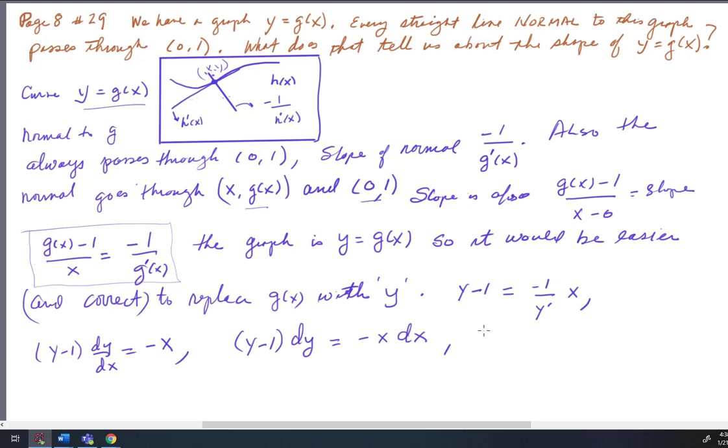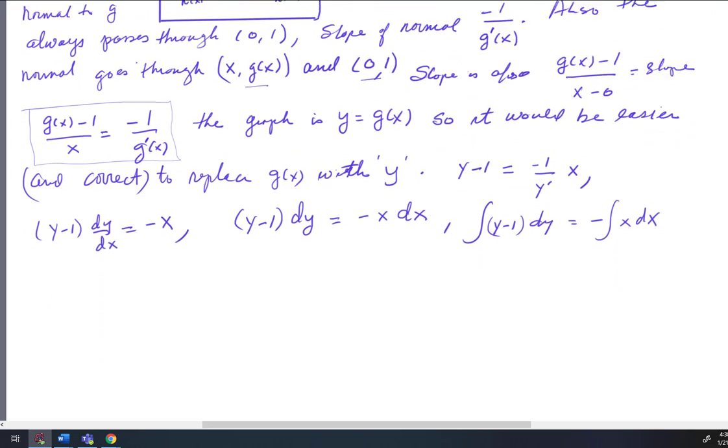And you see where we're going to go with this next. The integral of y minus 1 dy is negative the integral of x dx. I think we're going to have to scroll just a tad here.